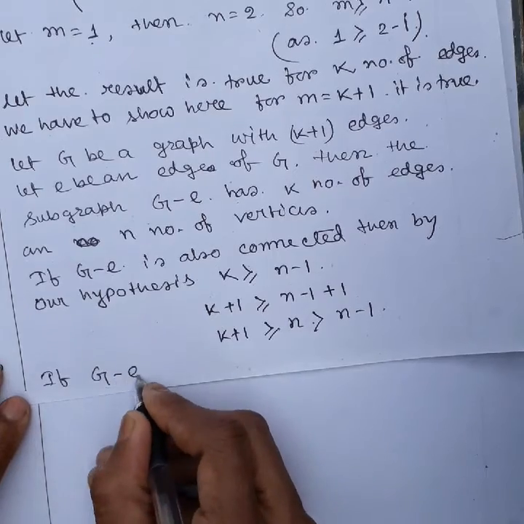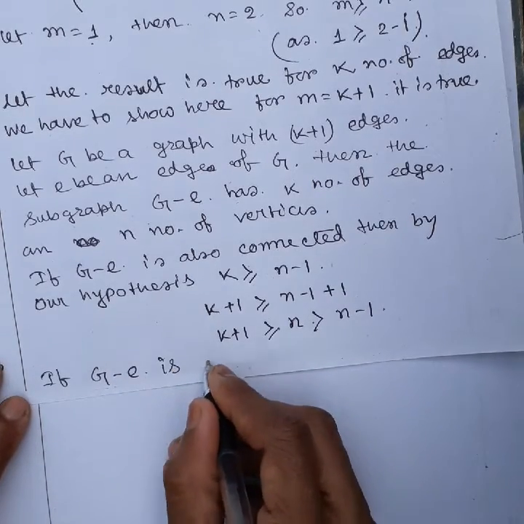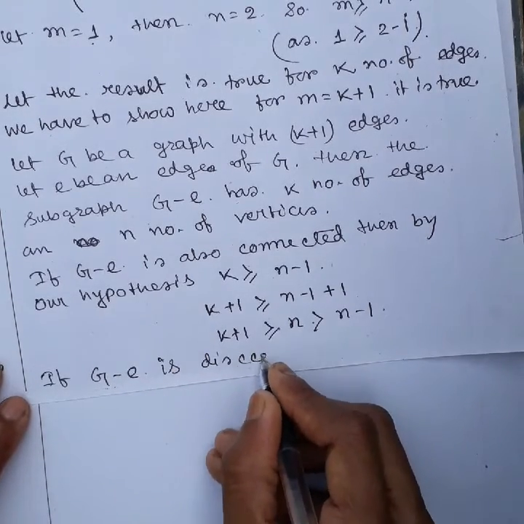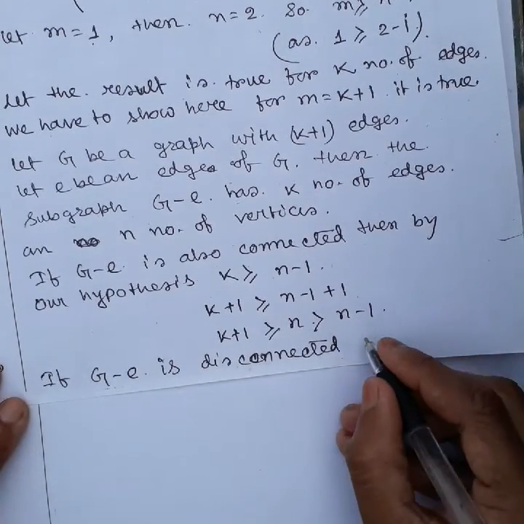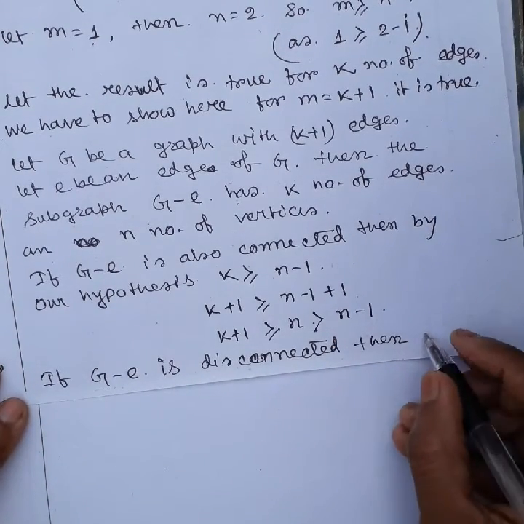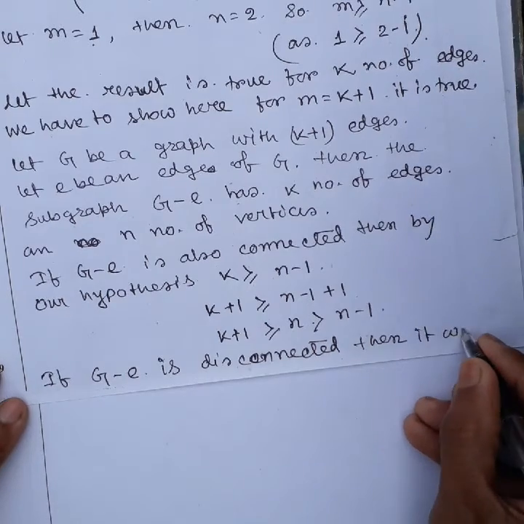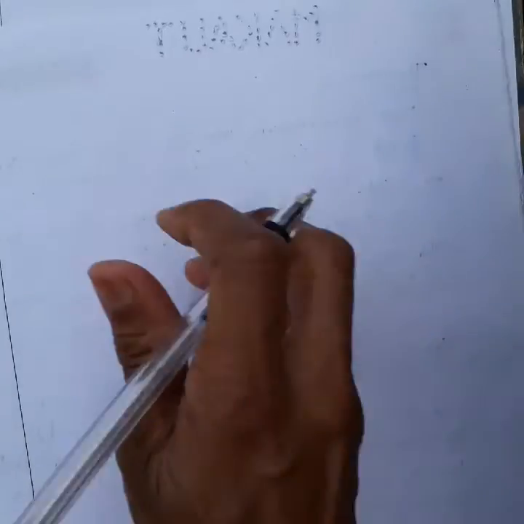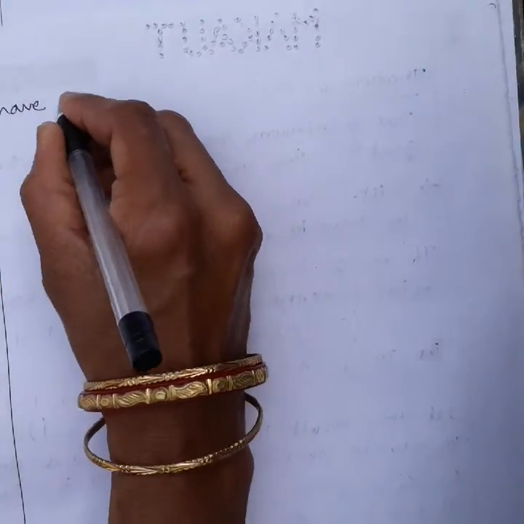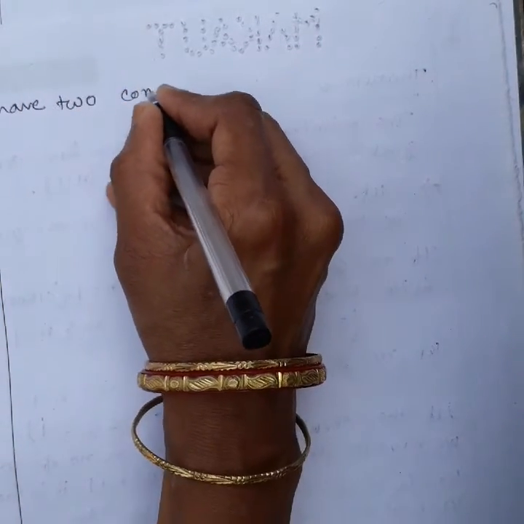Okay, and if G minus E is disconnected, then it would have two connected components.